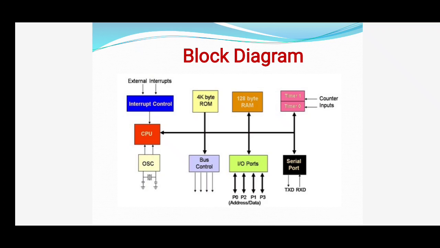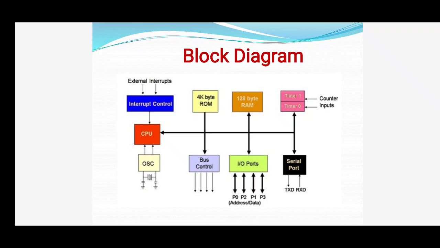Next, it has on-chip ROM. It stands for read only memory. ROM is used for storing the program, and so it is termed as code memory. And on-chip RAM stores the data required for operation, and hence is termed as data memory.